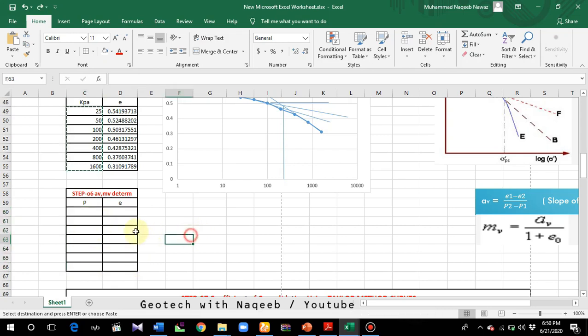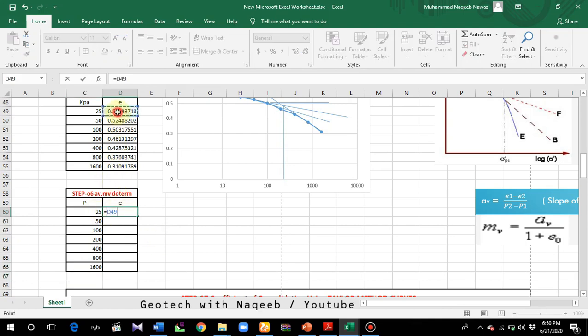Okay, we'll do this value, this value, this value, this value, this value, this value, and this value. So now we'll select the void ratio corresponding to these values.